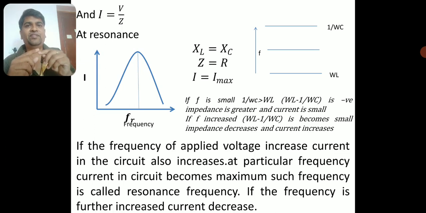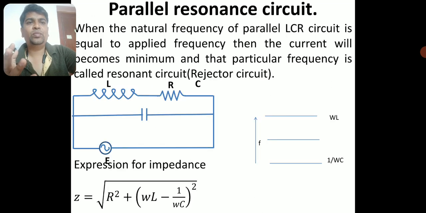If you want F, it is 1 over 2 pi into root LC. So the resonant frequency equation will be F is equal to 1 over 2 pi into root LC. That I can derive using this condition, XL is equal to XC. Okay, so very simple thing. So FR is 1 over 2 pi root LC.